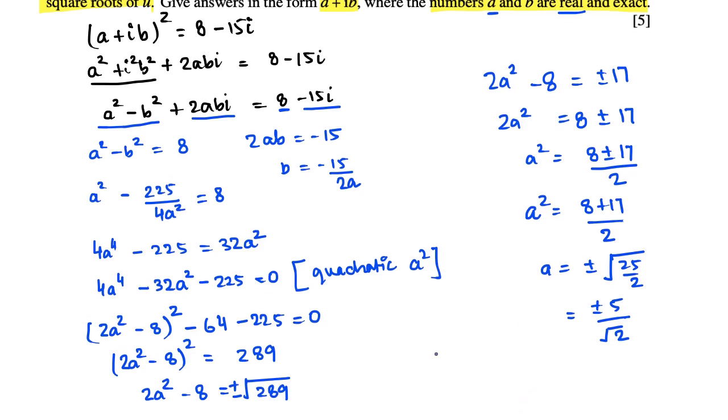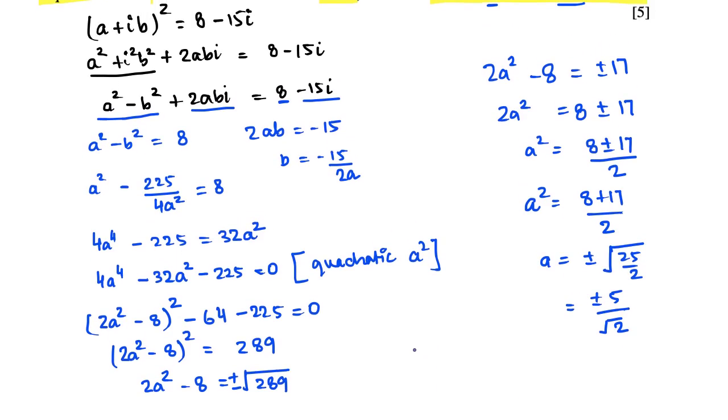Okay, now in this situation we have to simplify. If a equals 5 by root 2, then the value of b using this equation would be negative 15 upon 2 times 5 by root 2.